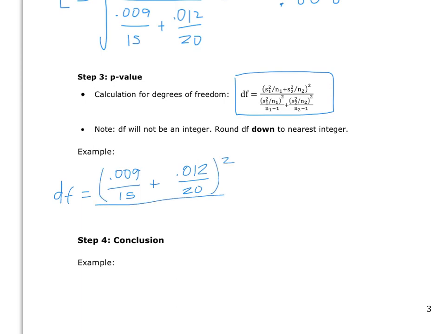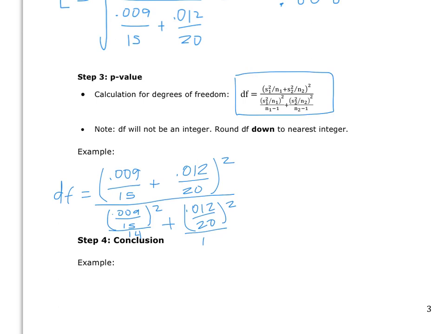And that's divided by that sample variation, 0.009, over sample size of 15. That quantity is squared, and then it's divided by 15 minus 1, 14. Then we do that same thing for the second sample. So 0.012 over 20, that squared, divided by 19.